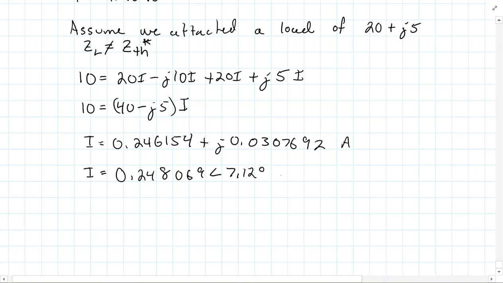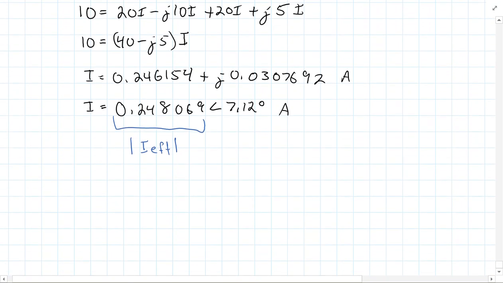And this would be, of course, amps. And so this here is my magnitude of I effective. And so I would want to square that and multiply it by my load here. So basically, if I want to know what my complex power is, S would be 0.248069 squared times my load, which is 20 plus j5.